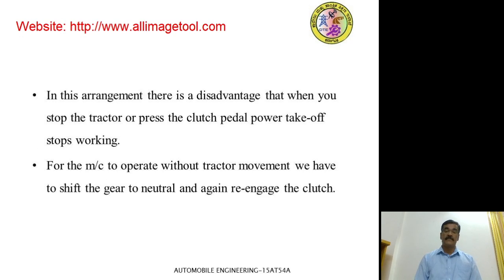There is a disadvantage: when the driver stops the tractor or presses the clutch pedal, the power takeoff shaft stops working. For the machine to operate without tractor movement, we have to shift the gear to neutral and again re-engage the clutch.